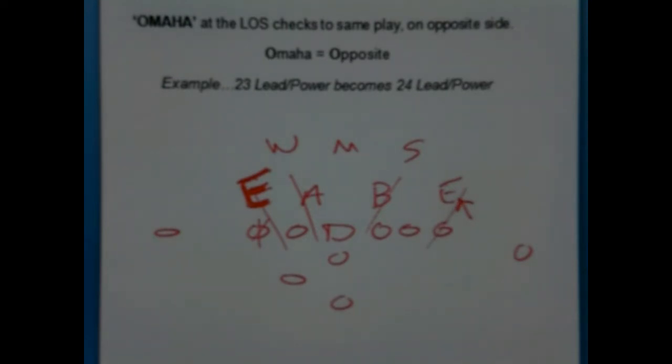All right? Now, how do we know whether to run lead or power? Well, it goes back to what we talked about in the other session. Is there anybody in the B gap? No. So we're in good shape here. We're just going to run our lead play, but it doesn't matter. We would have game planned what we want to run here, and we probably would just come back in here and run our lead.